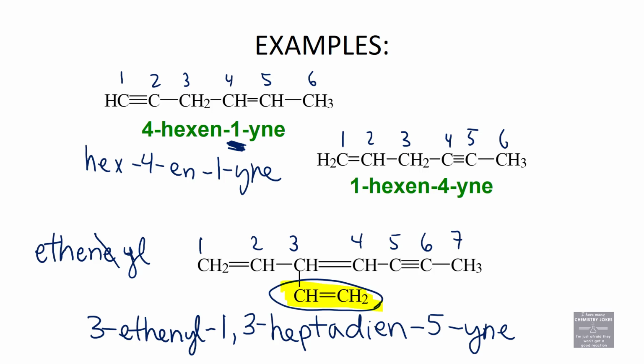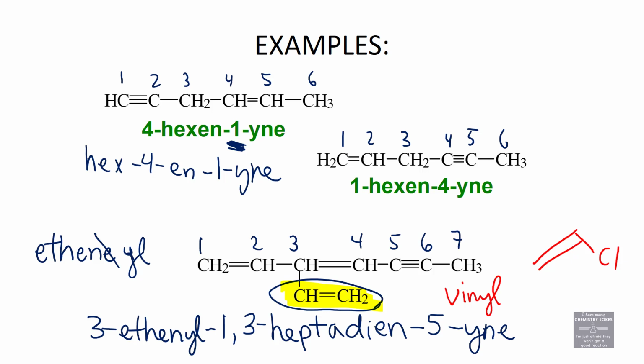There's one other thing I want to say about this group down here. The common name of that group down there is vinyl. You ever heard of vinyl in industrial things? Vinyl flooring is one way. Vinyl flooring is often vinyl chloride that has been polymerized to make polyvinyl chloride. Polyvinyl chloride is known as PVC.